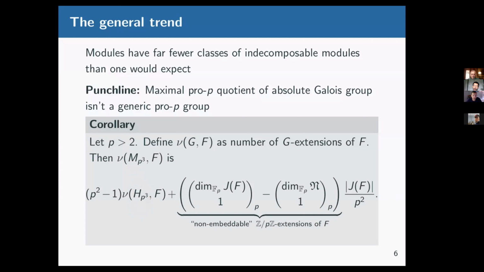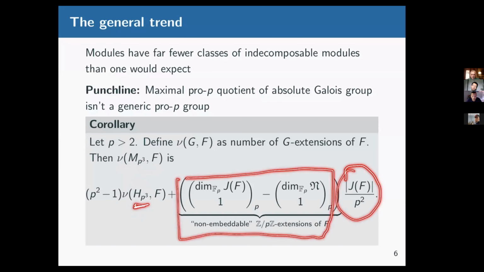And the idea is that you can count the number of times that this group shows up over a field F in terms of the number of Heisenberg extensions that you get for that field, the number of pth power classes for that field, and then what I'm calling the number of non-embeddable Z/p extensions of F. What this really means is the number of Z/p extensions of F that don't themselves live inside of a Z mod p squared extension.